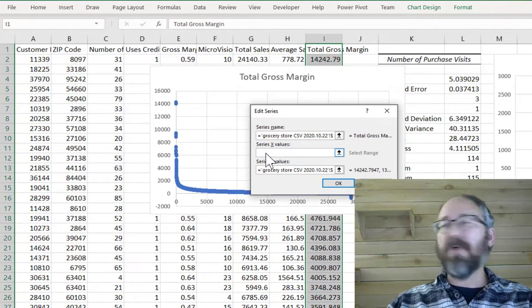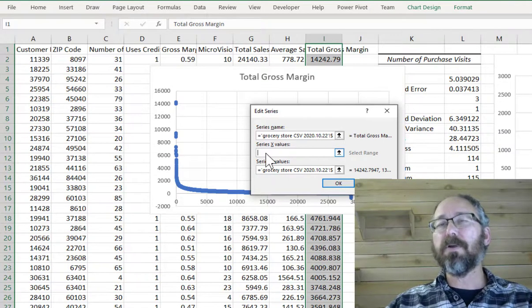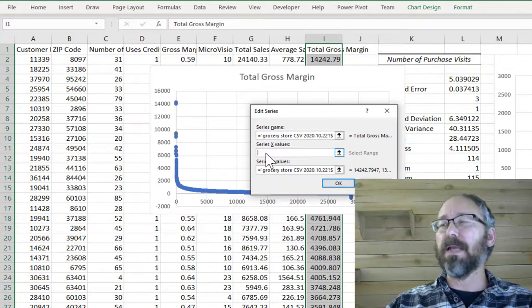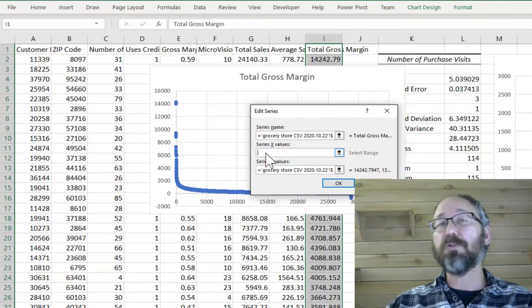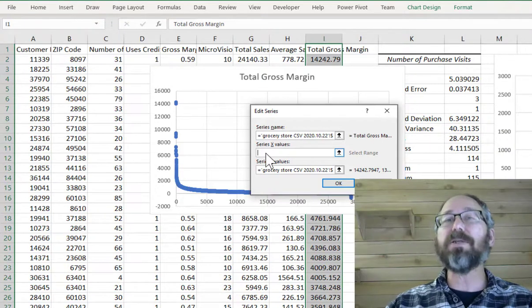For my X value, I'm going to choose the number of visits rather than the user's credit card, because the user credit card is a dummy variable, a 0 or 1, and the graph's not really that interesting when we plug that in. But the number of visits provides more variety and gives us more insight to looking at the linear trend line, with the R squared and even the equation added to it.